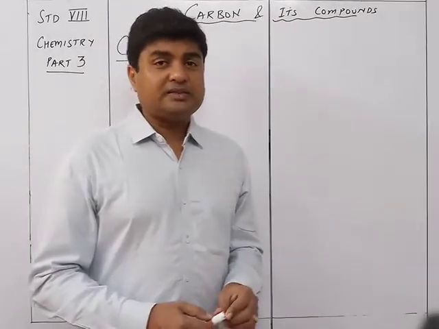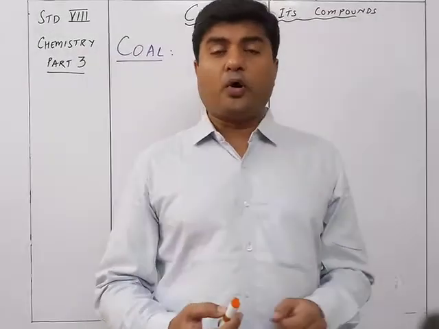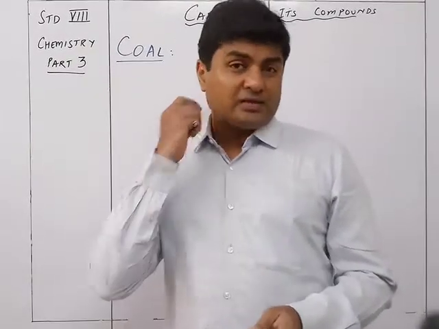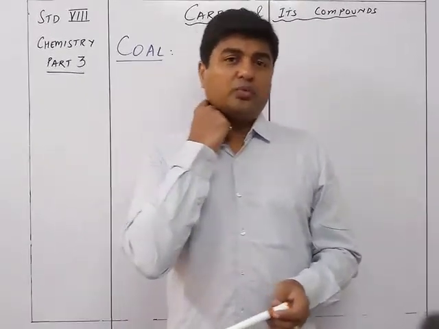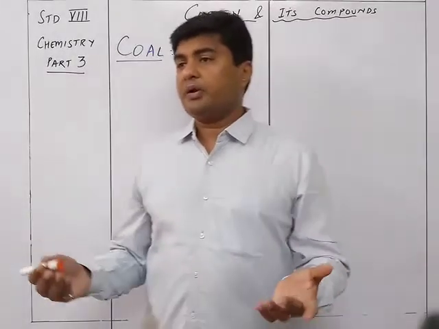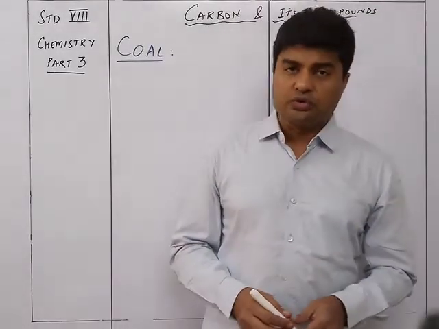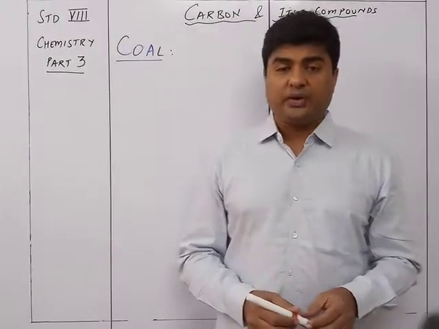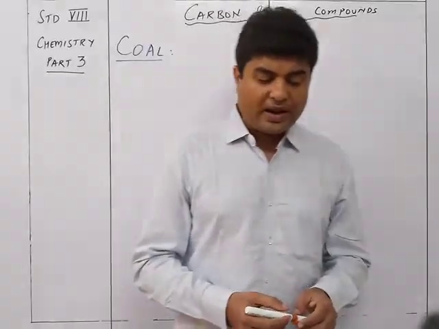So anthracite becomes much more important for industries because it does not give you a smoky flame, and hence it is almost a pollution-free use of carbon. So those are the two kinds of coal we use, bituminous coal and anthracite.